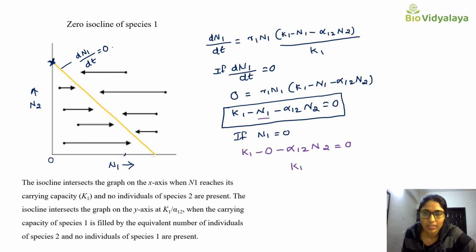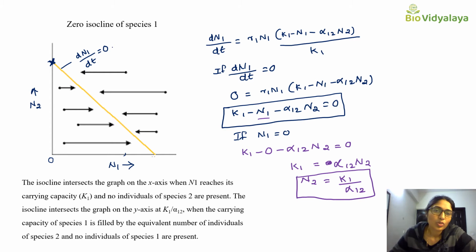Then K1 is equal to alpha 12 N2, so N2 is equal to K1 divided by alpha 12. So this is K1 by alpha 12. Here this zero isocline is intersecting the y-axis at K1 divided by alpha 12.